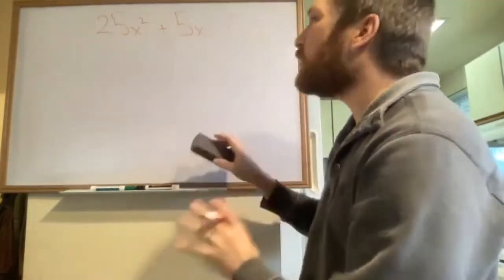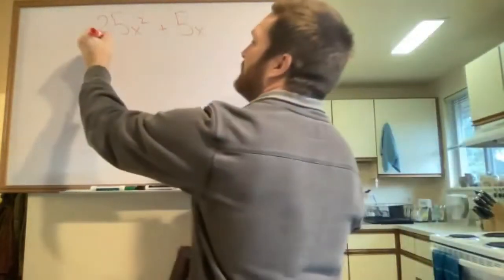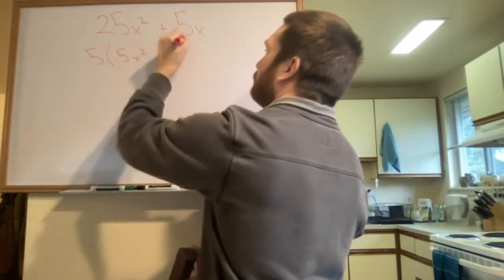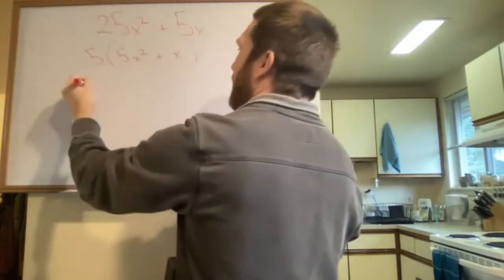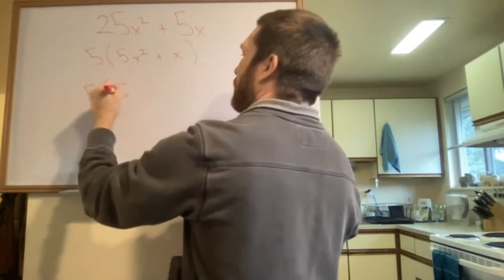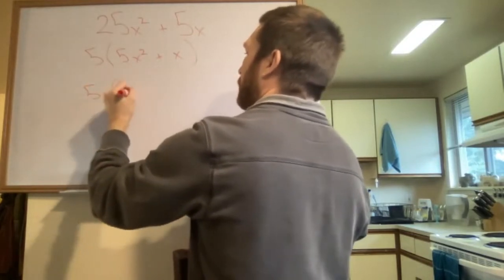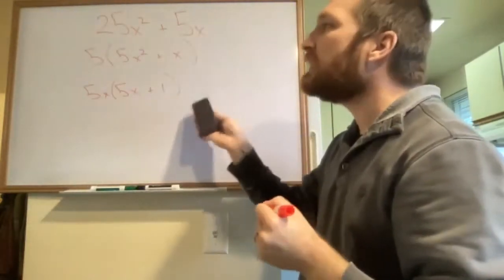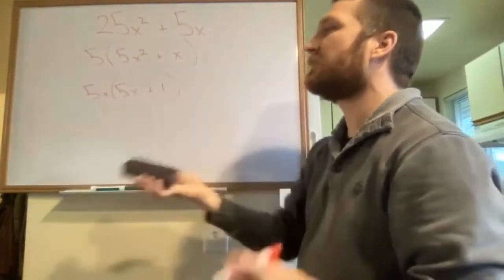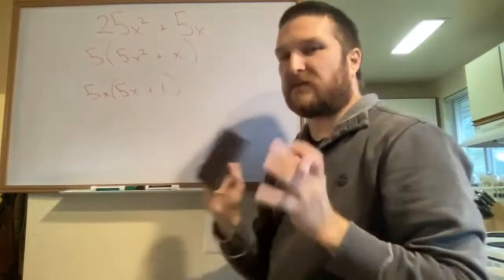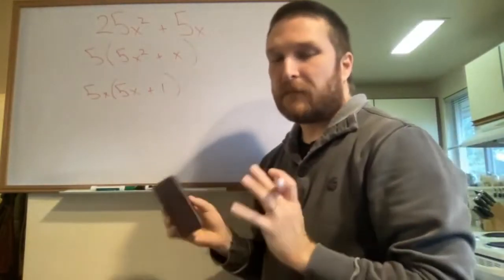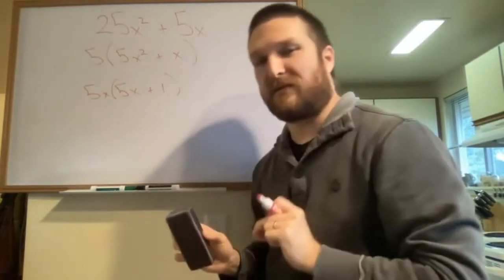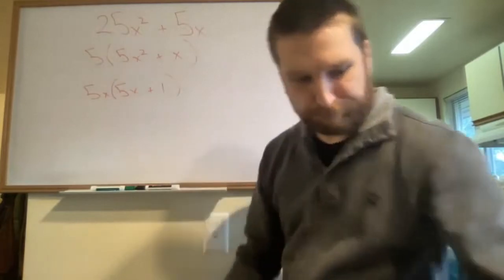So we don't need to do it step by step and say, oh, let's pull out a 5 first, then pull out the x. We could just jump right to the chase if you notice that 5x is a factor. So I'm just saying that we could be versatile here, but don't think you have to identify the greatest common factor before you even start. You can just do it step by step.